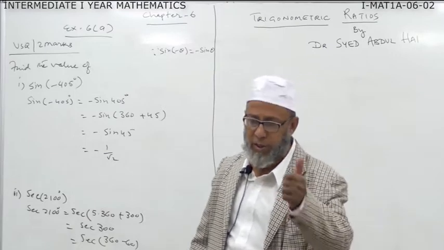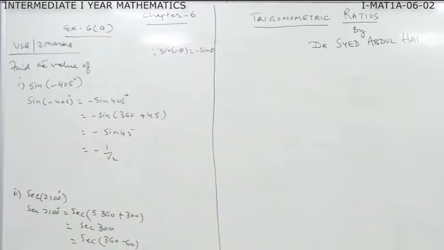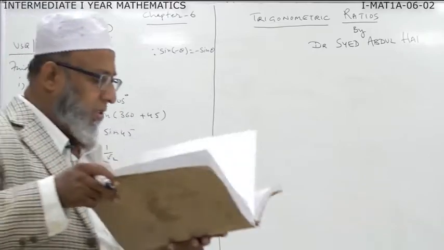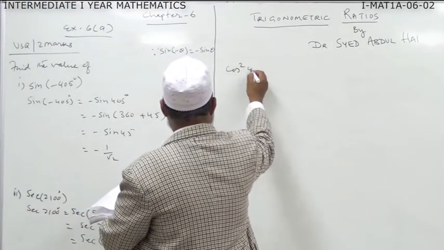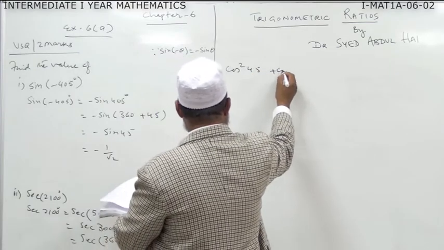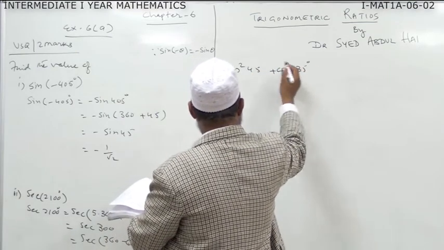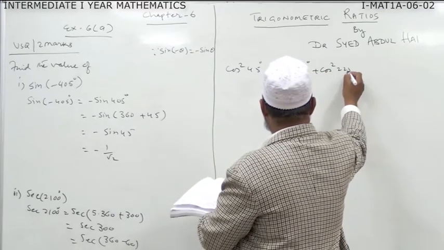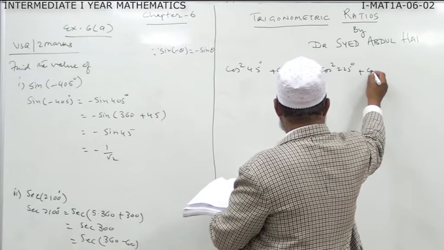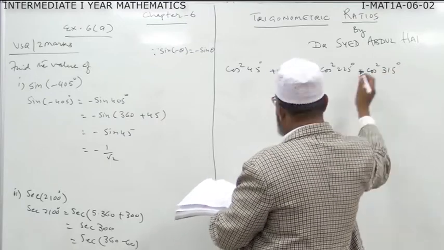Is it clear? Now, the next question is, evaluate cos square 45 plus cos square 135 plus cos square 225 plus cos square 315.